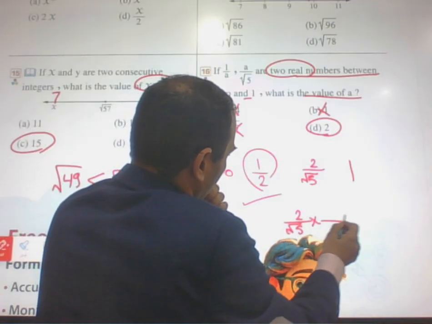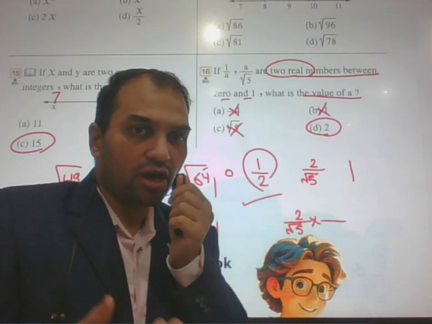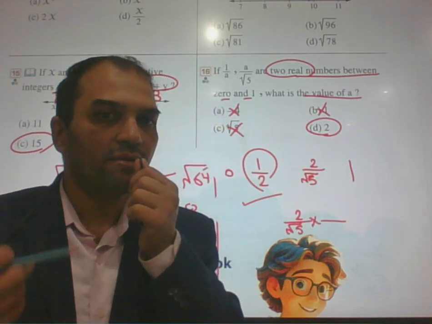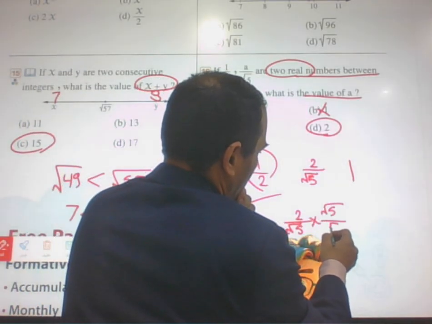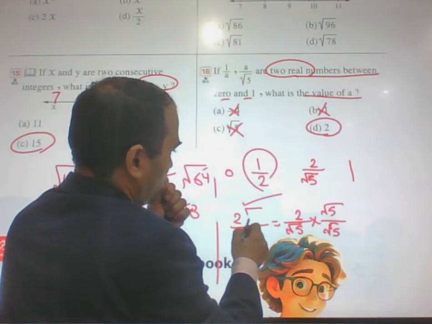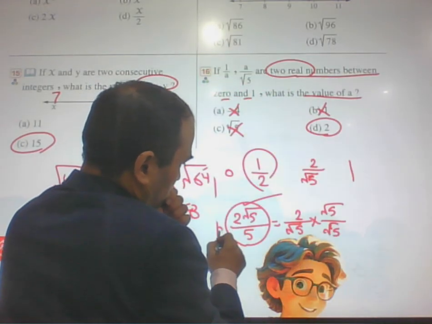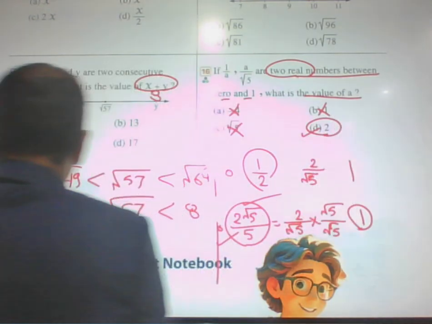You can simplify this by multiplying by the square root of the denominator, because we have an irrational number in the denominator. You must convert it to a rational number by multiplying by root 5, up and down. Then the answer will be 2 root 5 over 5. And this number lies between 0 and 1 also. So we must choose letter D here.